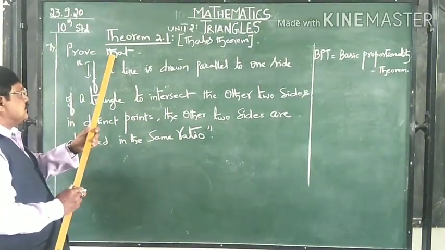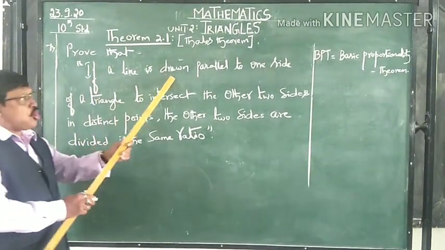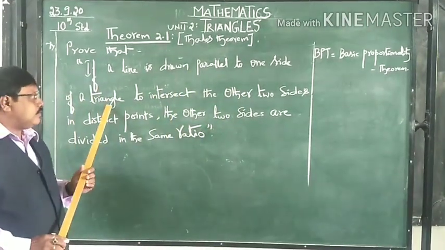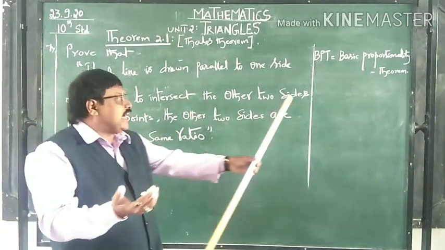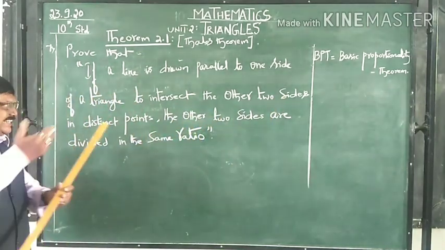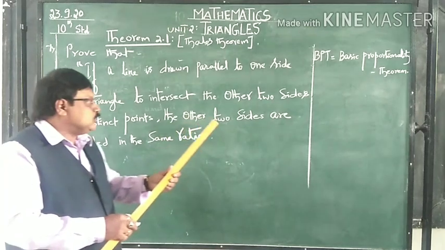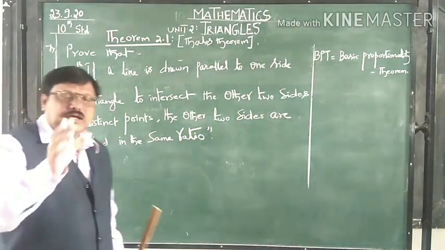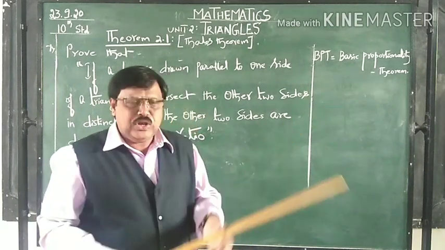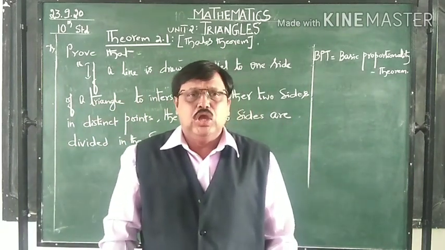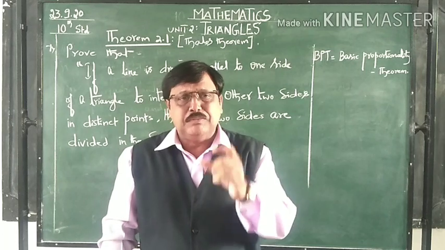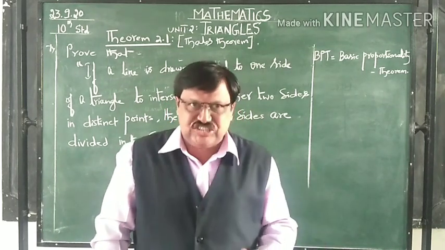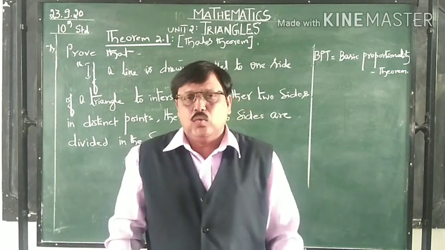Prove that if a line is drawn parallel to one side of a triangle to intersect the other two sides in distinct points, the other two sides are divided in the same ratio. When you get a triangle, you should know the prerequisites about that, means basic knowledge.